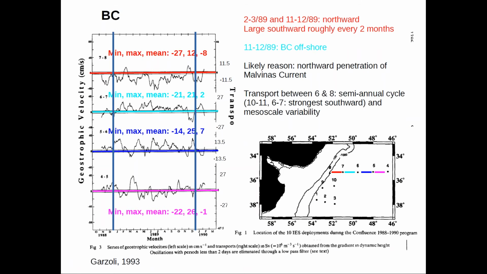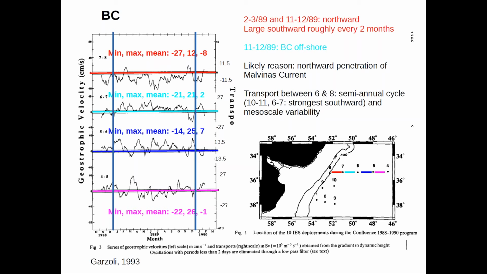This is one early time series from 1993, which basically shows northward transports for short periods of time along the red line, but mostly it's southward, and there's some mesoscale variability on time scales like 2 months or so. There also is a phase where one can see the Brazil Current offshore.